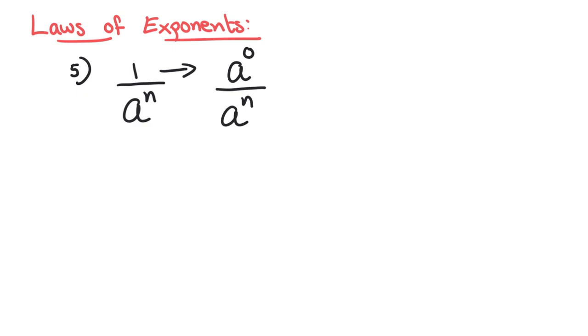Now, question yourself, are the bases same? Yes. And are they divided? Yes. And when the bases are same and when they are divided, what is the law? We subtract the powers. So can I write this as a to the power 0 minus n?